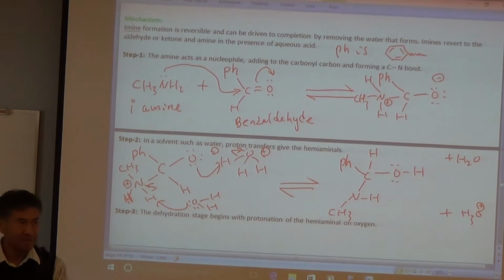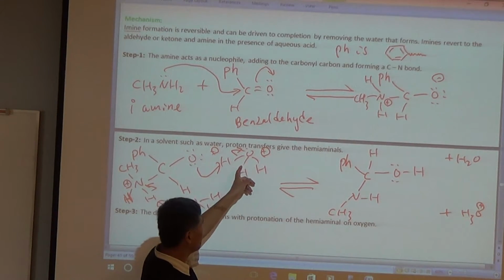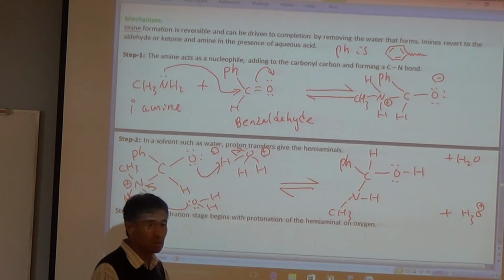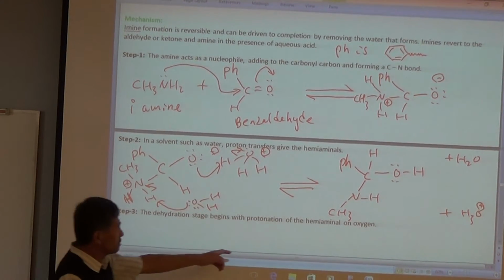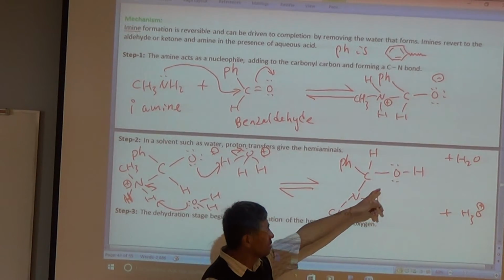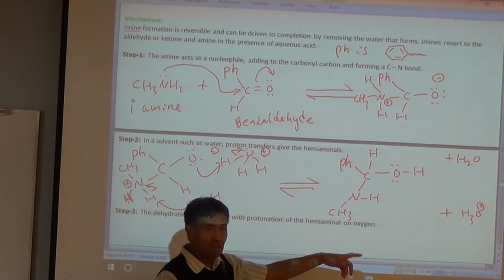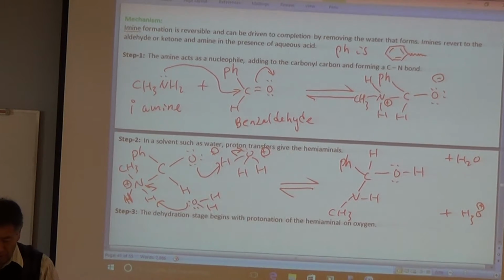Here this H2O becomes H3O+, and there the H3O+ becomes H2O. So as a result, this becomes your amine. It doesn't have the positive charge anymore, and there you don't have the negative charge anymore. So this is the hemiaminal. Okay? You call this the hemiaminal.